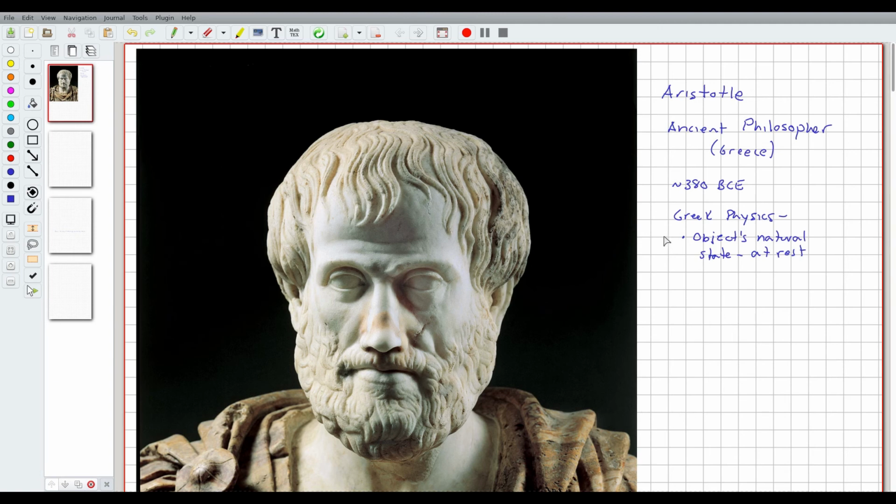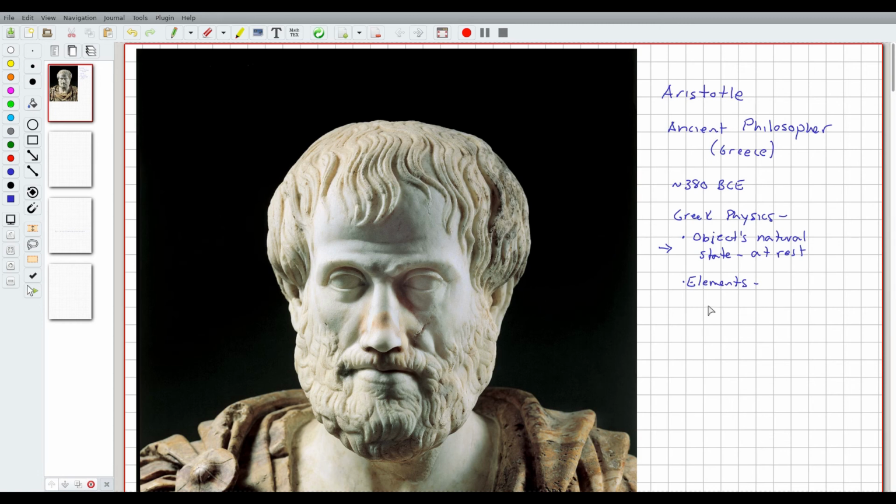Now, basically, this belief that was fostered by the ancient Greeks meant that if something was moving, there had to be a reason for the motion. And Aristotle's answer to that was to look at the idea of elements. Now here, when we say elements, we almost mean the chemistry definition of element, but it's very crude. It's almost like a proto-idea, a proto-element, if you will.